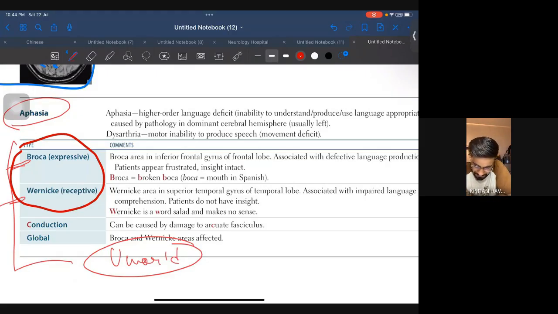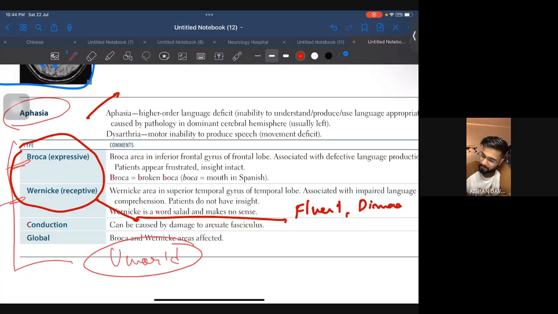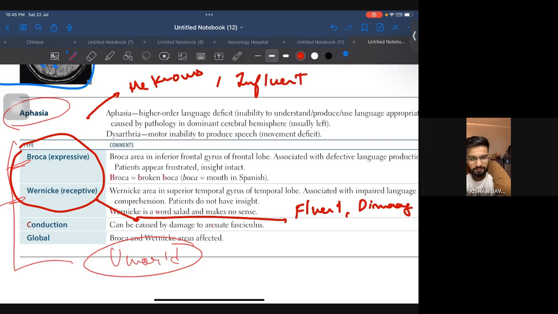What happens in Broca, and what happens in Wernicke? In Wernicke, he is able to speak fluently, but the brain is not working. He doesn't know what he wants to say. The comprehension, the intellectual power is gone. Whereas in Broca, he knows what he wants to say, he understands, but he is not fluent. So don't confuse Broca and Wernicke. Most commonly they will ask you Broca and Wernicke only.